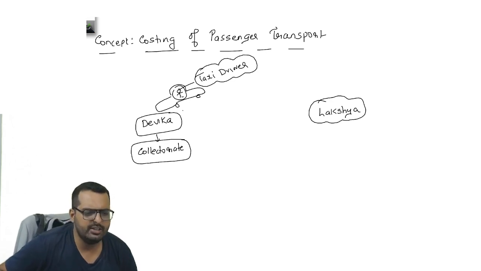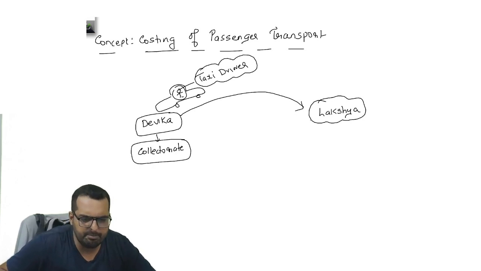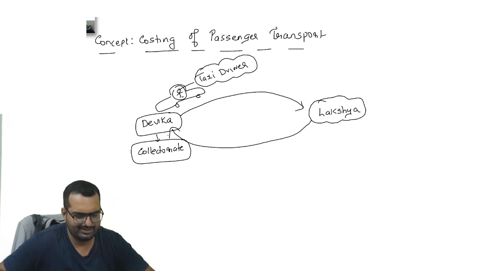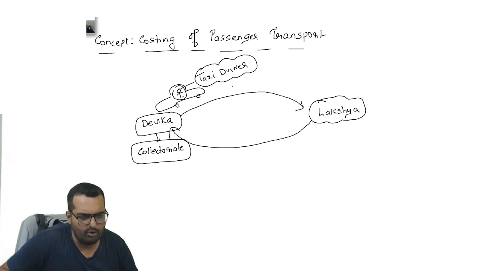So every day morning, Nixon will pick up Devika and drop her at Lakshya, and every day evening, he will pick Devika back and drop her to her home, which comes in the collectorate. So friends, tell me, how many kilometers are they driving every day? 4 kilometers onward and 4 kilometers return.